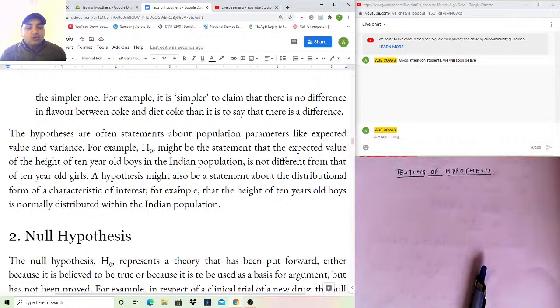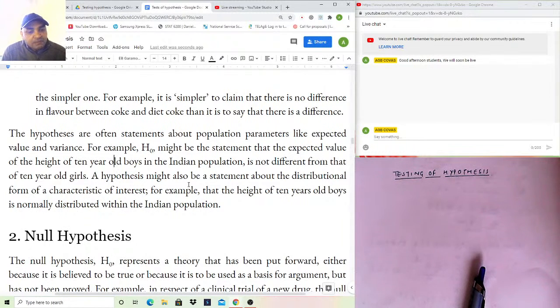So your null hypothesis may be that the expected value of the height of a 10-year-old boy in the Indian population is not different from that of a 10-year-old girl. That is, what we want to say is that in the Indian population, the height of a 10-year-old boy is the same as that of a 10-year-old girl.